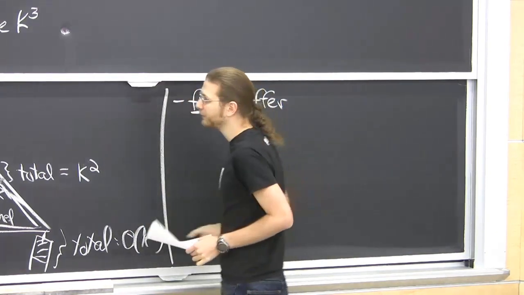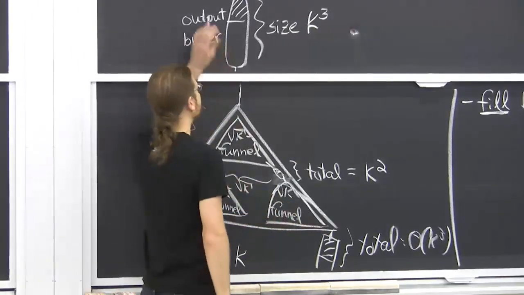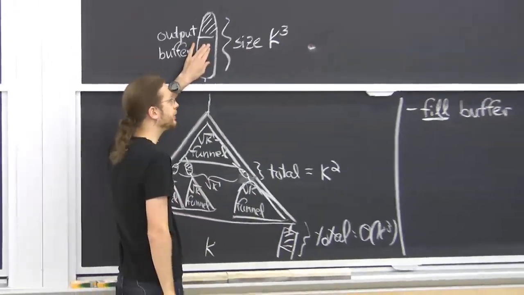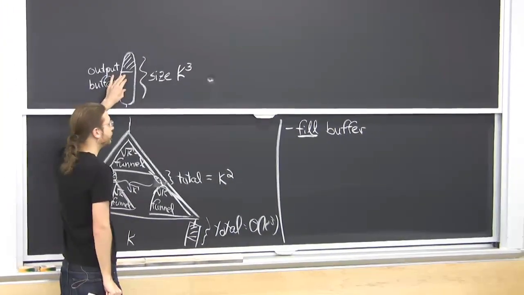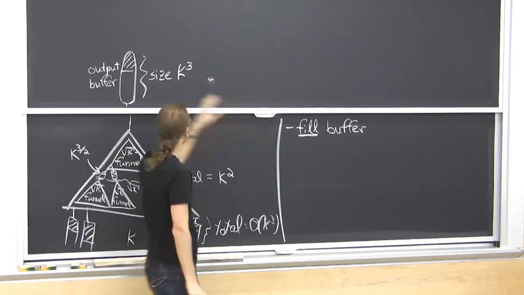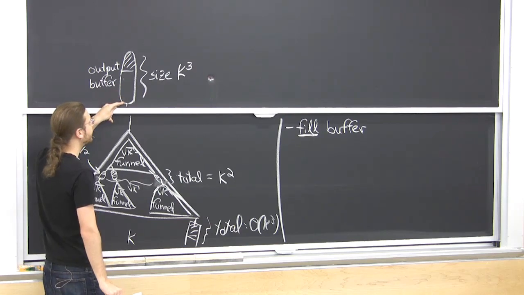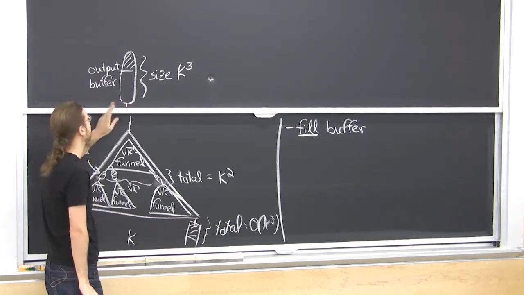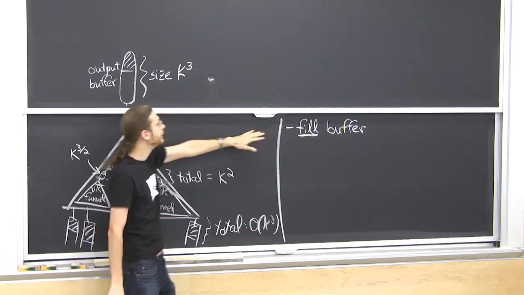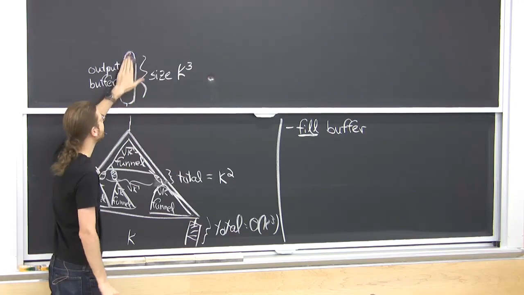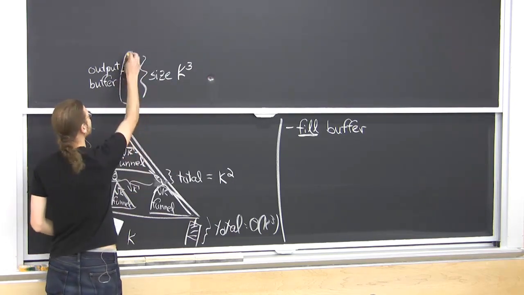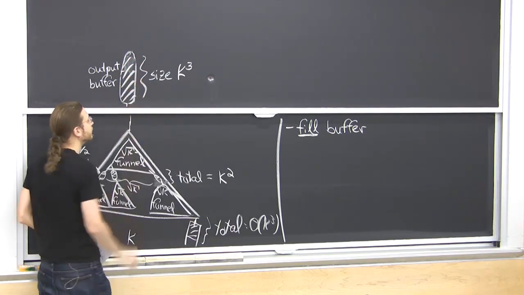So there's a whole bunch of buffers. If you want to do this merge, really what you'd like to do is fill this output buffer. So you call this subroutine called fill on the output buffer and say, I would like to fill this entire buffer with elements. Precondition, if you're going to do a fill, right now the buffer is empty. And then at the end of the fill, you'd like this to be completely full.